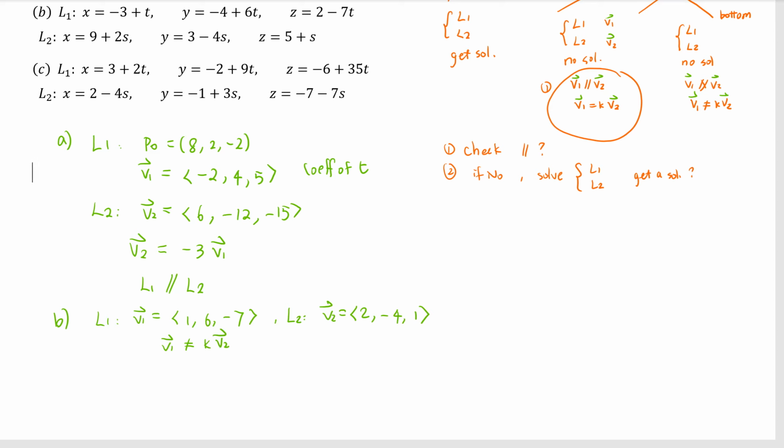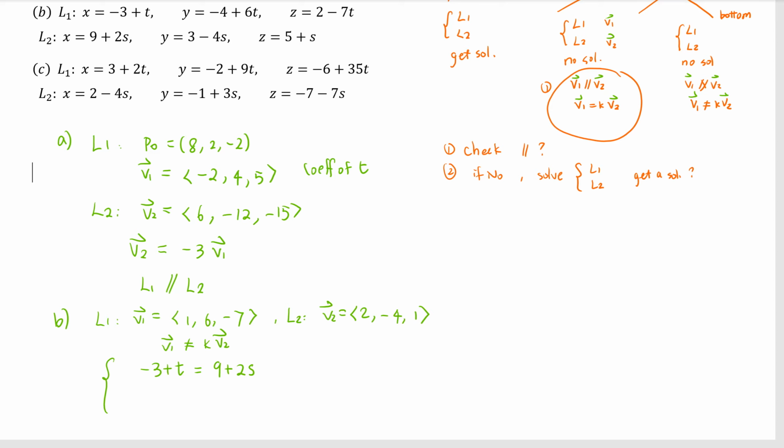So they're not parallel. Then what we want to do is solve the system of equations, which means we set the x equal, the y equal, and the z equal. We set the x equal, we get minus 3 plus t equals 9 plus 2s.